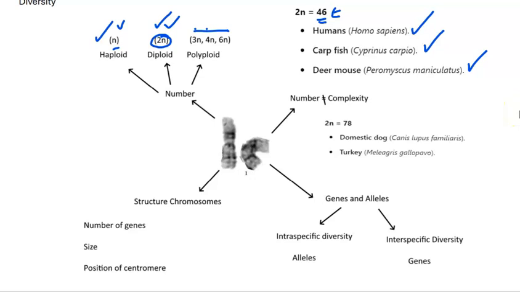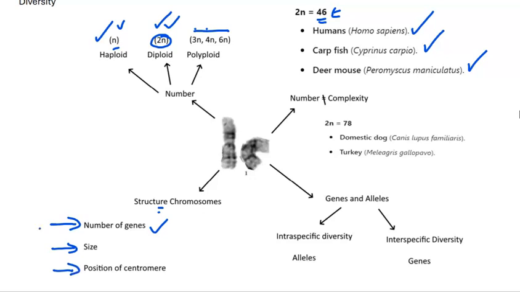Now, whilst we've just identified that the number of chromosomes in a species allows us to some extent to identify what we're dealing with, we should also look to the size of those chromosomes and also the position of the centromeres.